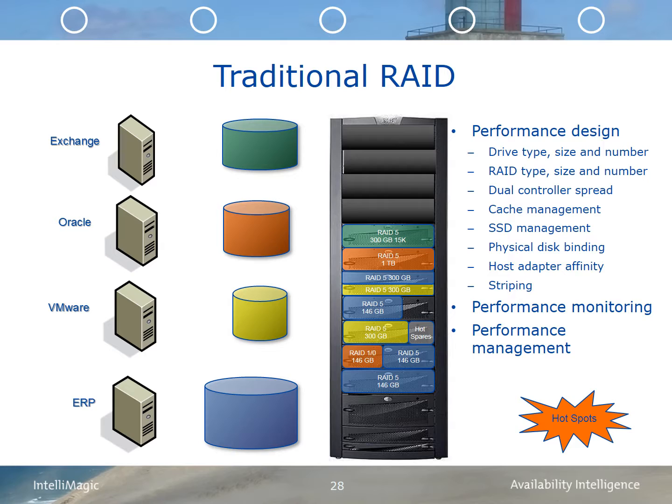What can happen is you can have very hot spindles in some drive enclosures, and in other drive enclosures you can have almost no activity. So there has to be something better.